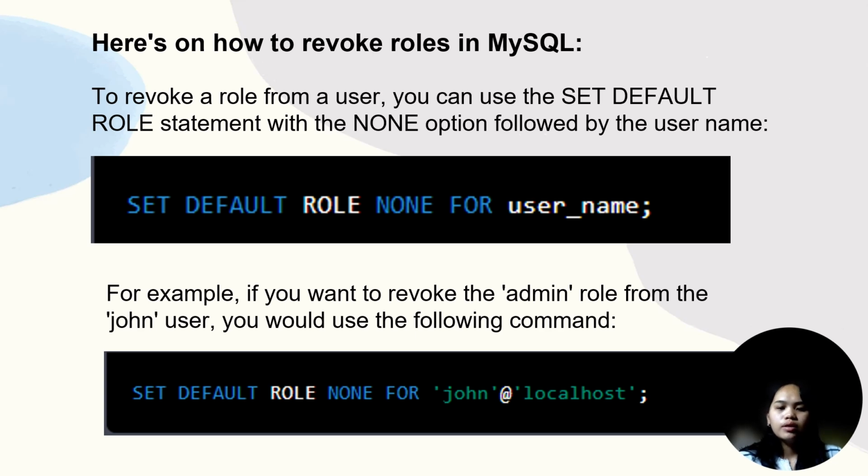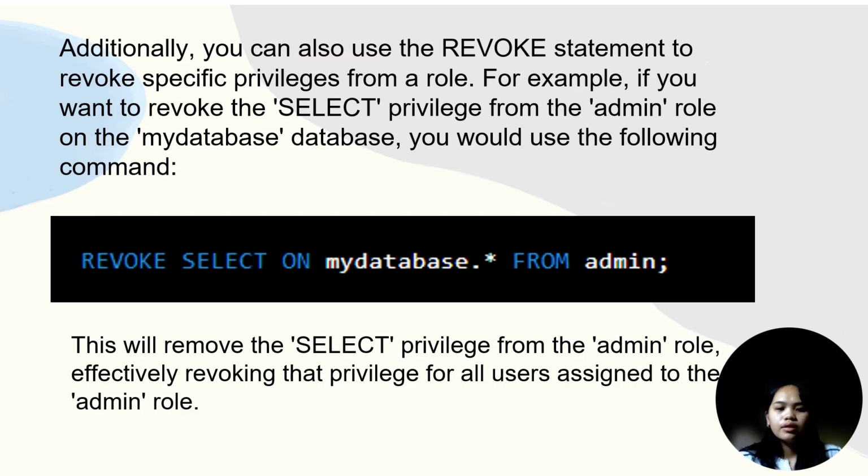Next, additionally, we can also use the revoke statement to revoke specific privileges. For example, if you want to revoke the select privilege from the admin role on my database, you would use the following command: revoke select on my database from admin.